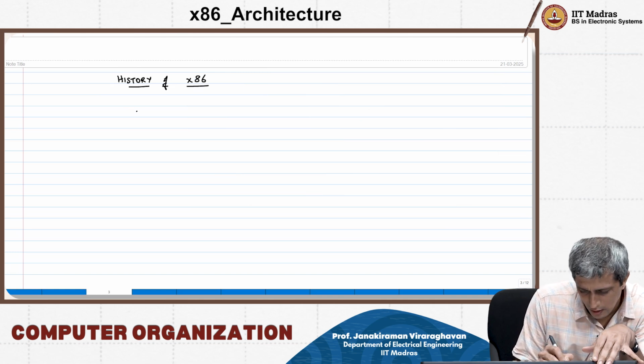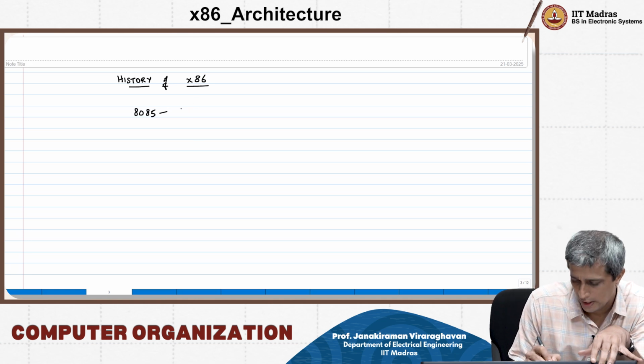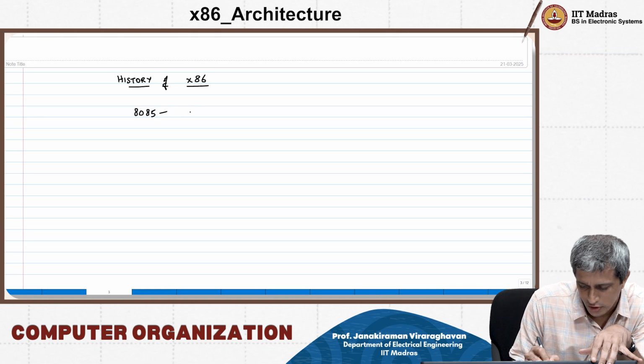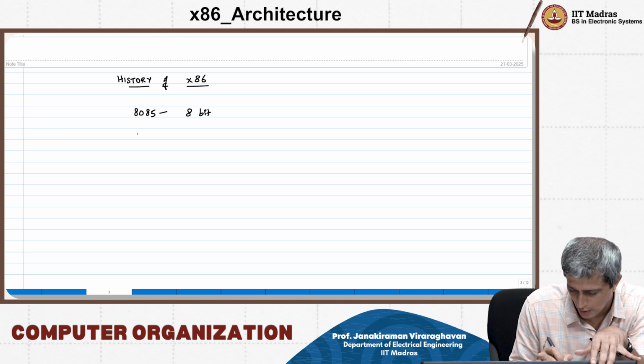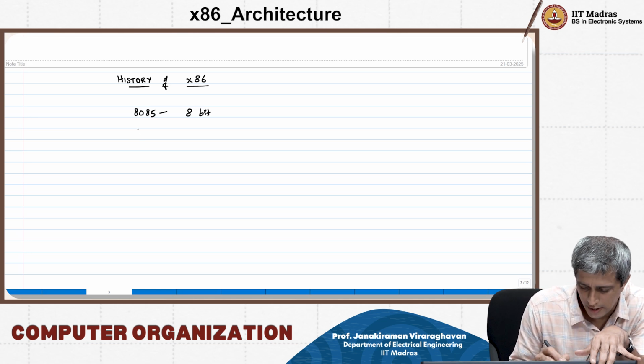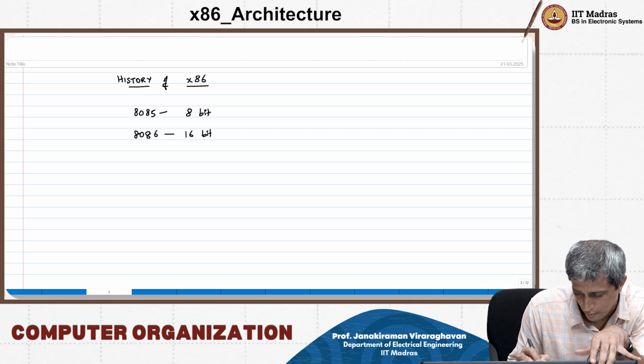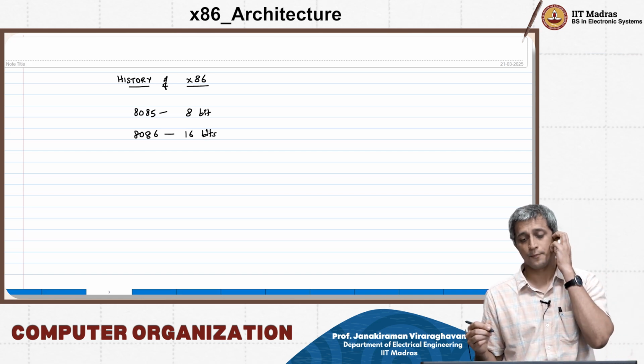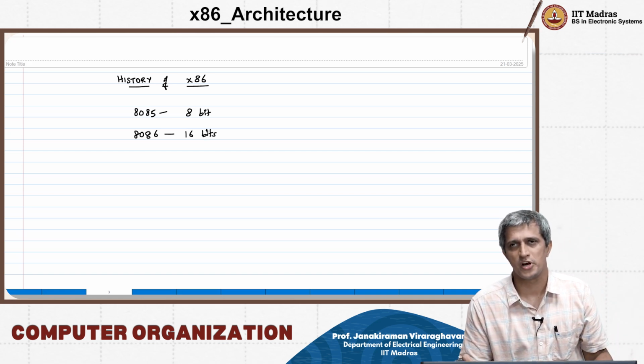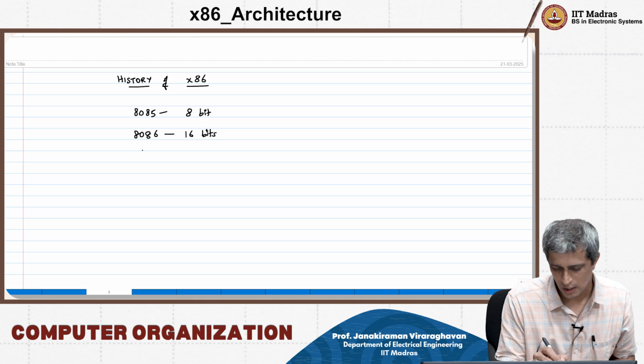They started with an 8085 microprocessor, which was 8-bit, somewhere in the 80s. Soon after, they made it 8086, which became a 16-bit microprocessor. Okay, I'll tell you what this 8-bit, 16-bit and all is in some time, right?